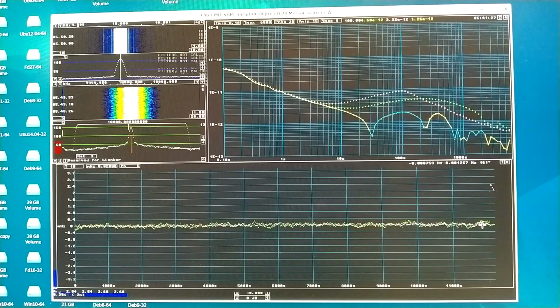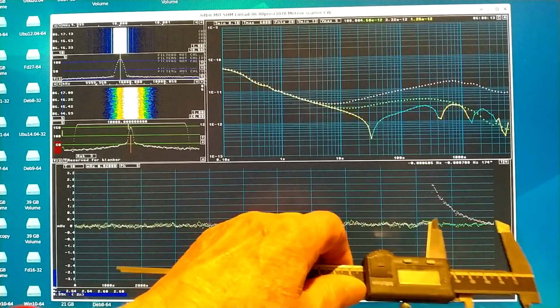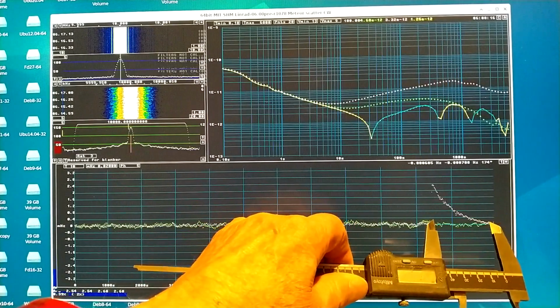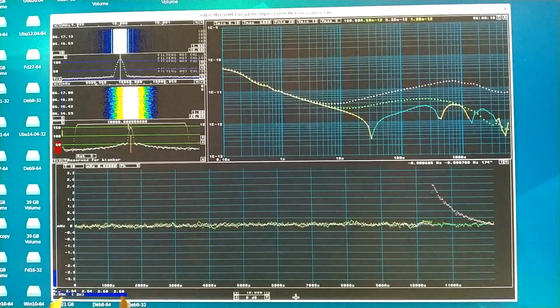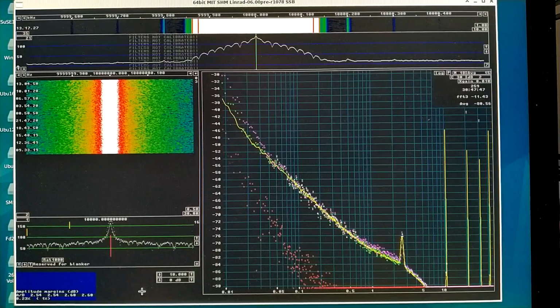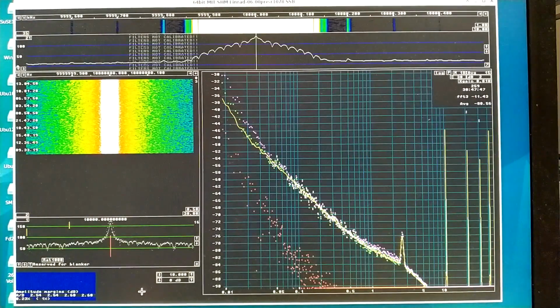So about 500 seconds. Well, it took more time, like this. That's about 1,600 seconds. I have now collected phase noise for 30 hours with the oscillators as I just have set them up.